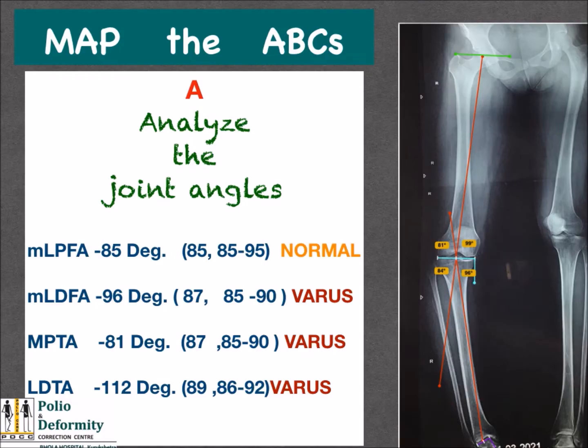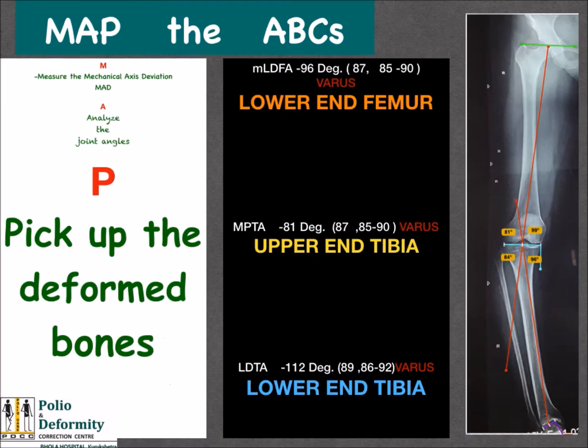So map, first M, then A, analyzing the angles, and we have found that it is the lower end of the femur which is in varus, upper end of the tibia and lower end of the tibia they are in varus. Then P of the map.